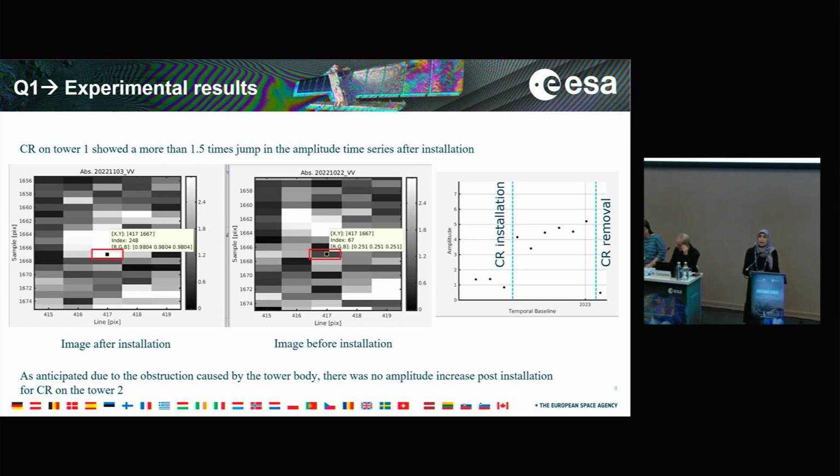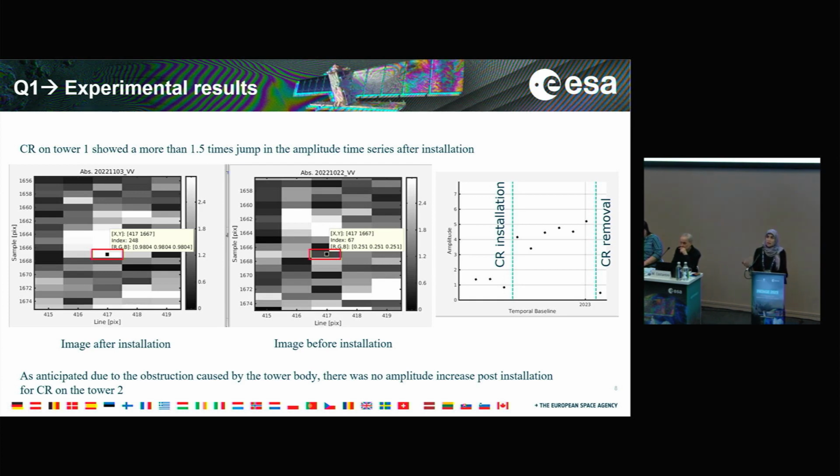We think that if we install a bit larger corner reflector on the tower, we could have a stronger signal, because in the design phase we assumed a UK typical rural background, which is a bit different from the test site, which was more cluttered and had urban structures.